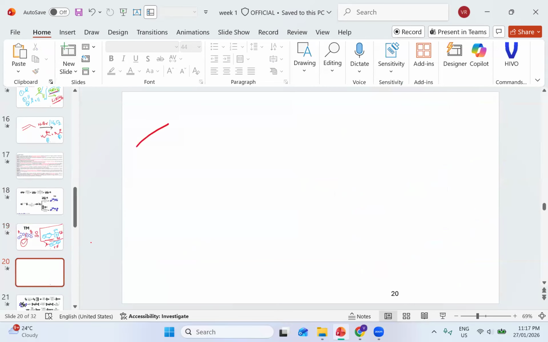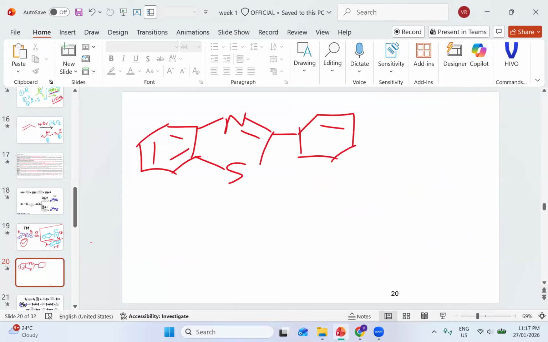So let's say we have this OH and this is the bromo. So we can do the disconnection on this one.